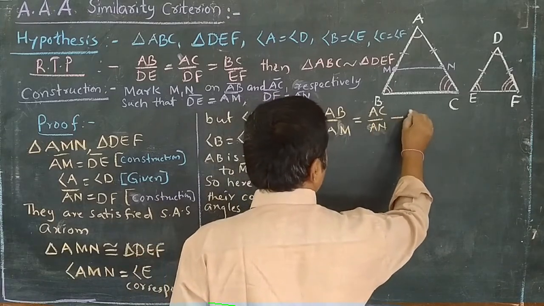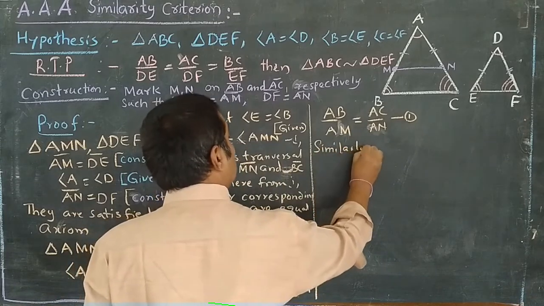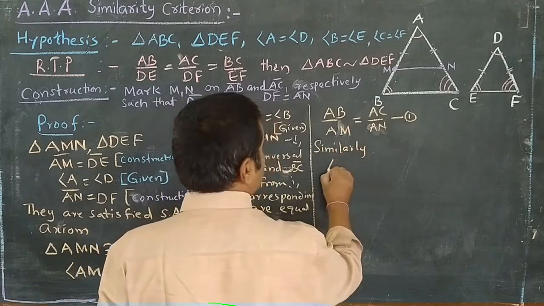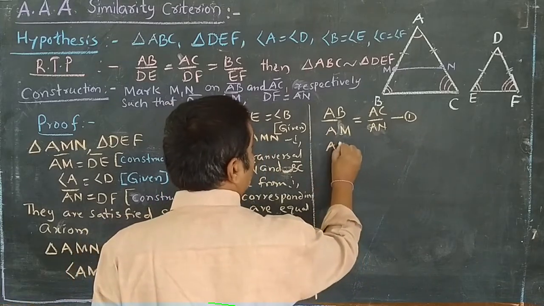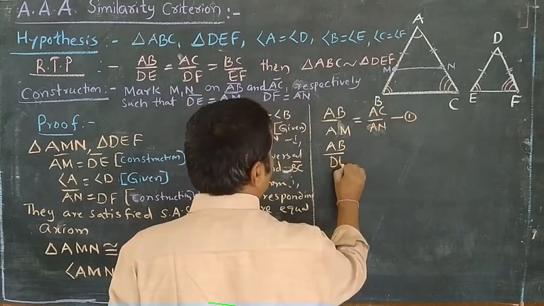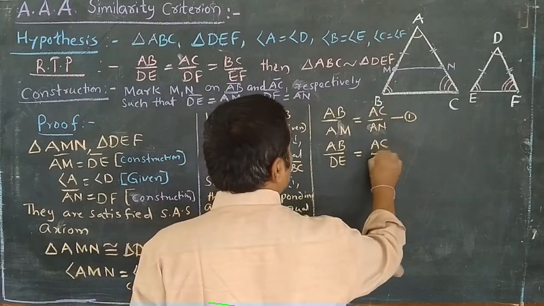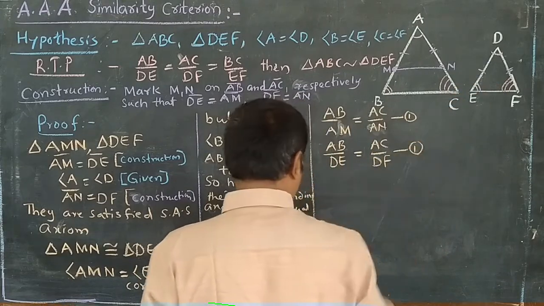This is the first equation. Similarly, instead of AM you write as DE, and instead of AN we can write as DF. This you can accept as first equation.